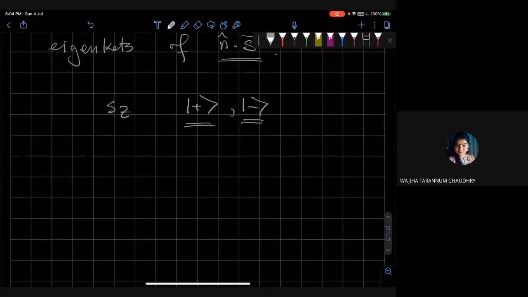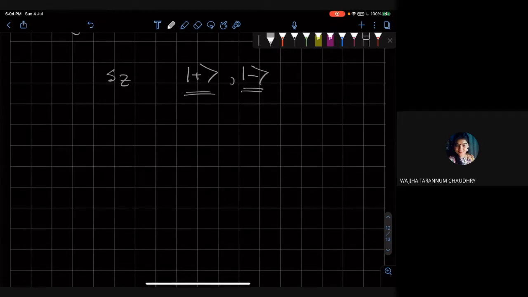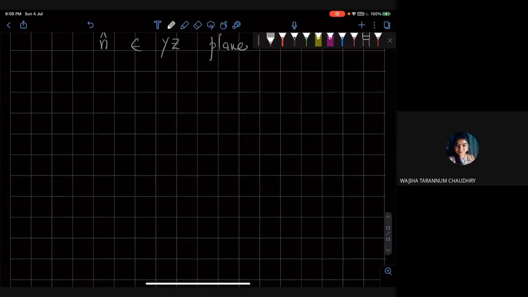But we are taking this vector n to lie in, say, the YZ plane. Suppose this is my YZ plane and these are the axes. This is the y-axis and this is the z-axis.